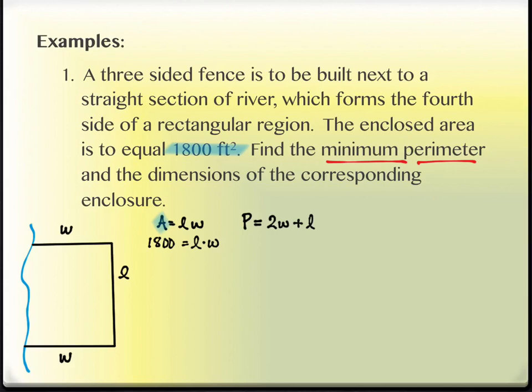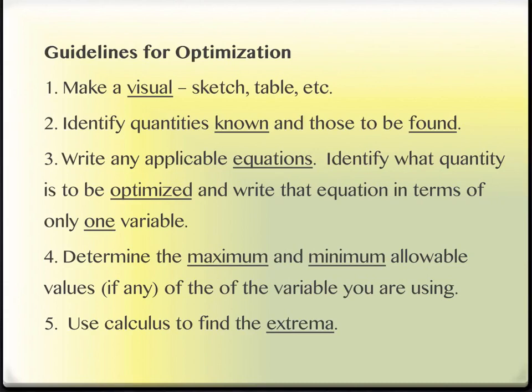And to find the minimum, we're going to use calculus, right? But there's a step that's 2 steps before that we haven't accomplished yet. What was step 3? What does it say I need to do?